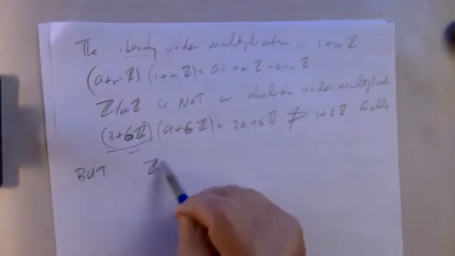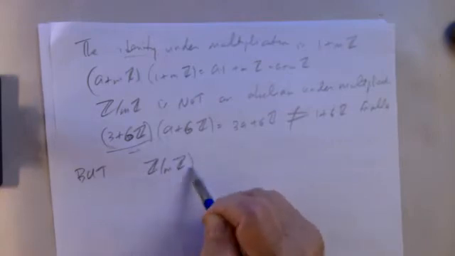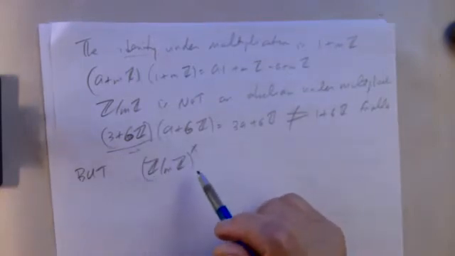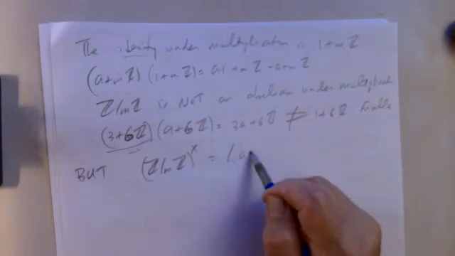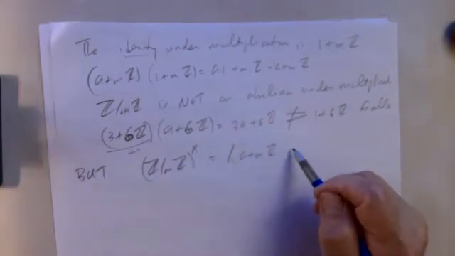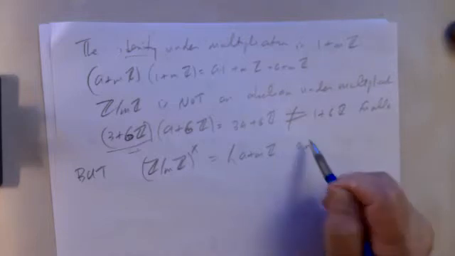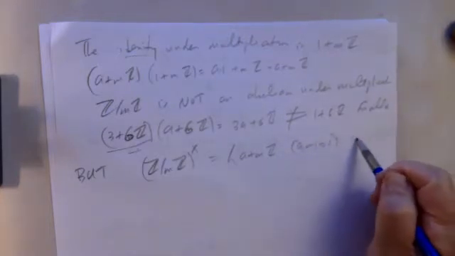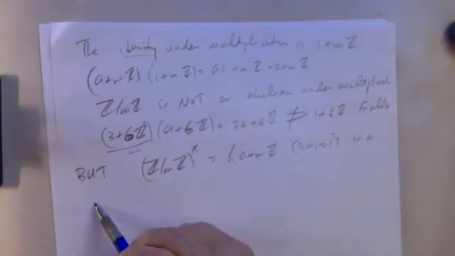But if we let Z mod MZ star mean the set of all congruence classes A plus MZ where A and M are relatively prime, this is a group under multiplication.